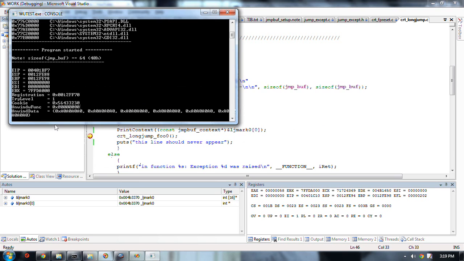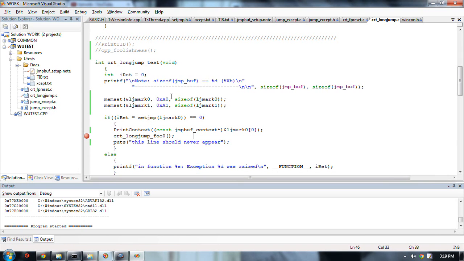Okay. But now it's too long and it's wrapped around, so how about... I wish there was a D word memset. Well, we can't do that. Let's see. Now, I don't know if this... no, that won't work. I think there are 16 of these.